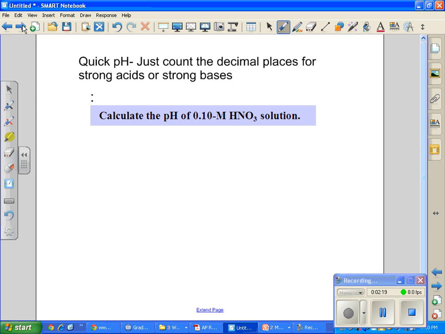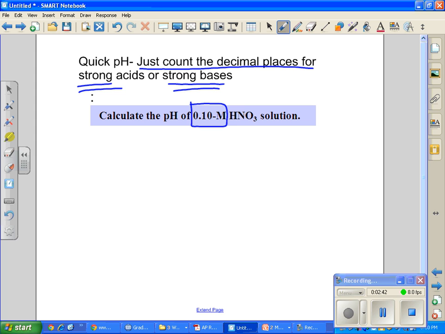All right, pH. You've got to be able to find pH on the free response, also multiple choice. There's an easy, quick way to do it. All you have to do to find pH for a strong acid or a strong base is count decimal places. For example, if I look right here, this tells me the molarity is 0.1 molarity HNO3.